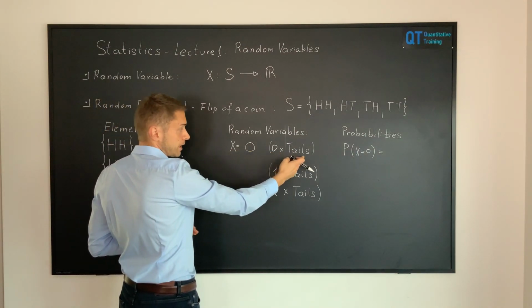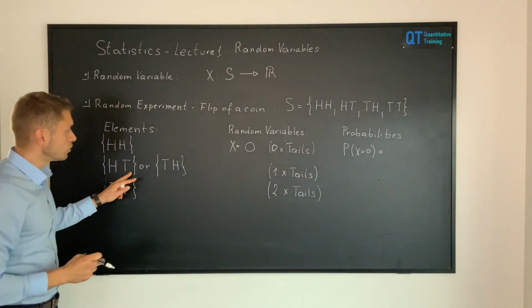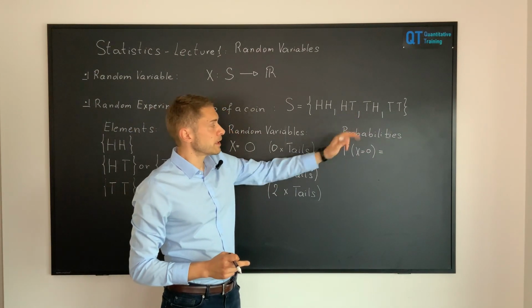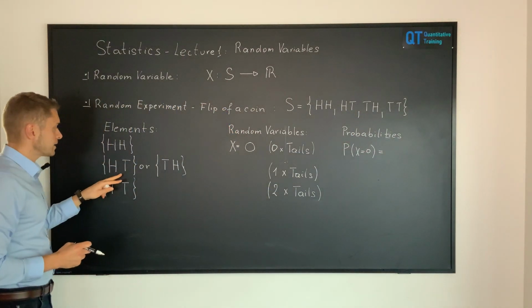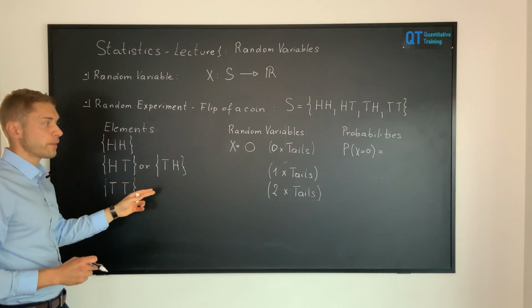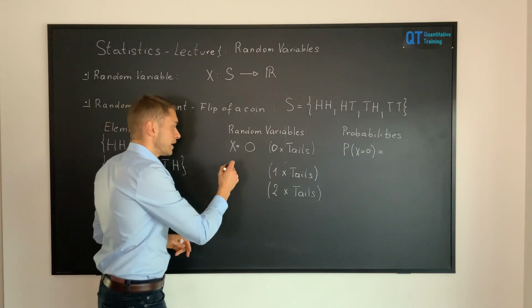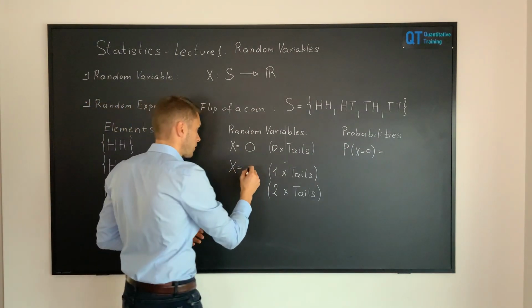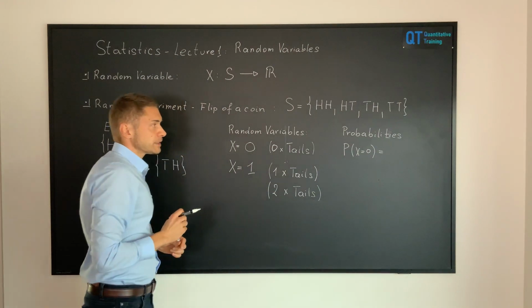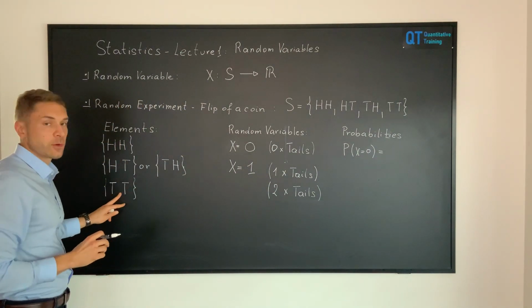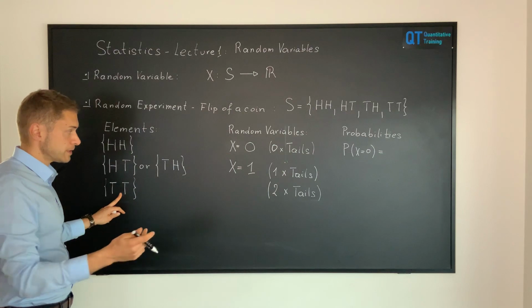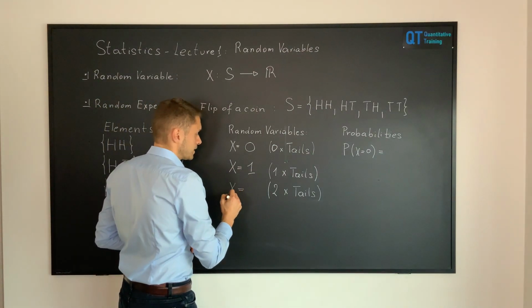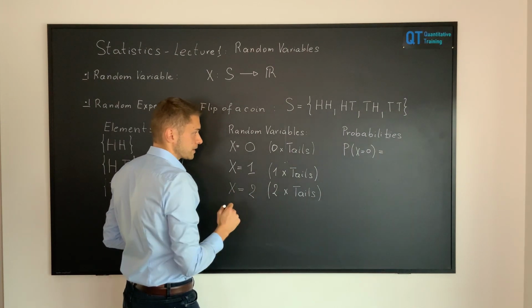We could have these 2 elements in the middle, heads tails or tails heads, so 1 time tails, and that means that our random variable x gets the value 1. And the last element of the sample space is the one where we obtain 2 times tails in a row, so the associated random variable is 2.